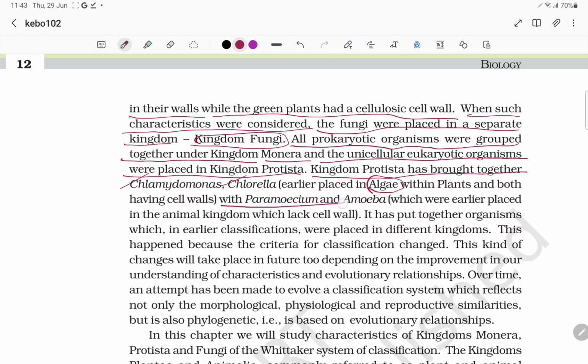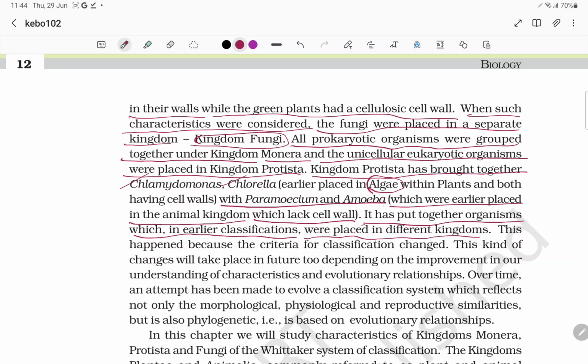Previously, Paramecium and amoeba, which lack a cell wall, were placed under the animal kingdom. But these are unicellular eukaryotes, so they were placed in different kingdoms.